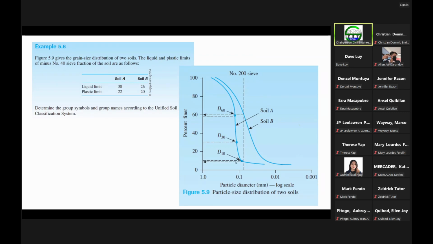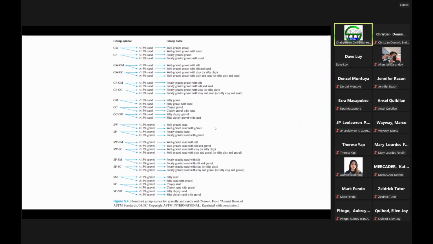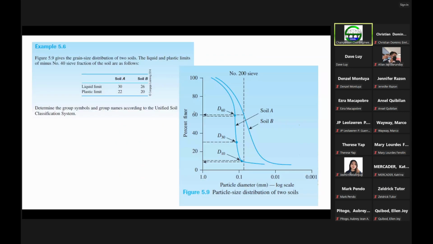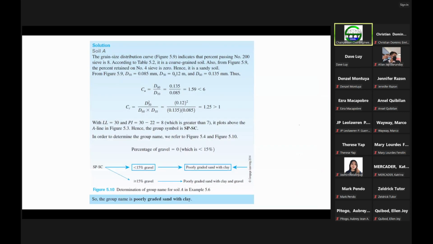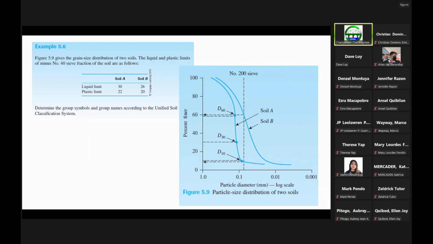If you project it down, that's about 0.12 according to the book. Then finally, your D10 is the 10% finer. That's this one here. Project it down, that's your corresponding D10, which is about 0.085, just above the 75 microns or the number 200 sieve.